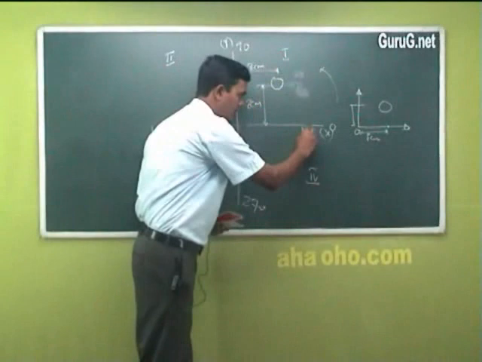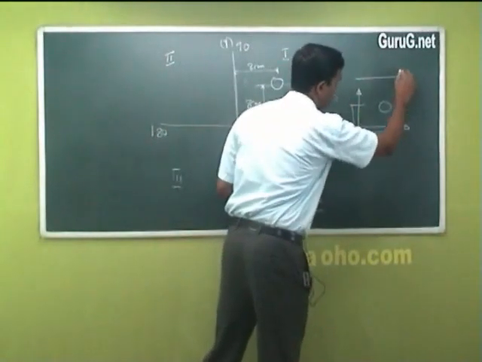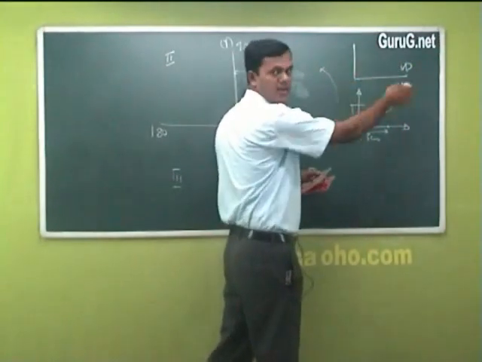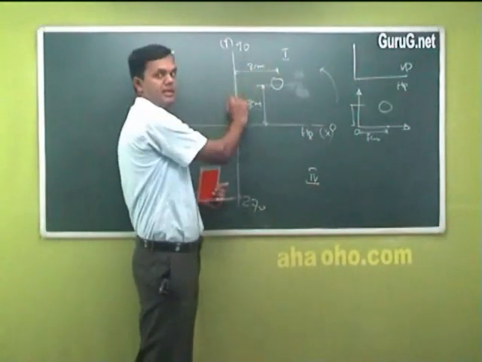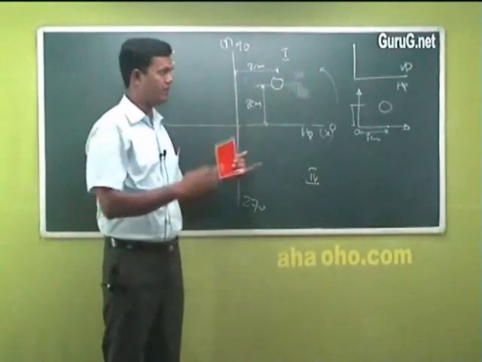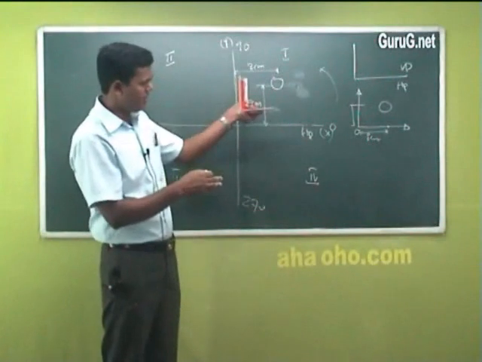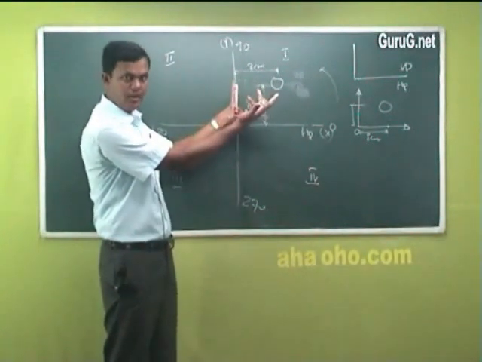This is my HP, the horizontal plane, and the vertical plane. Now, I'll say this object, the circle, is in front of the vertical plane, or in front of VP. You all agree? It's an image. You just think: first quadrant is this, horizontal is this, vertical is this, right?